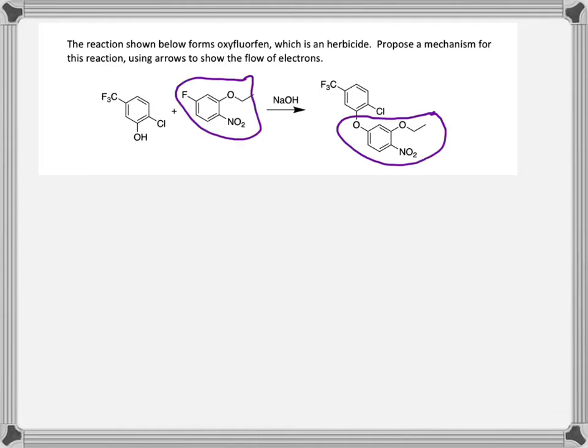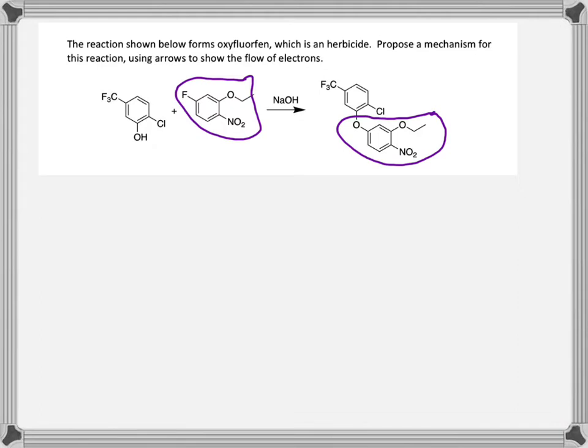Notice that the starting material on the right is the bottom portion of the big molecule in the product, except the fluorine that was on the starting material on the right, the purple circled one. The fluorine's gone and it has been replaced with an oxygen.